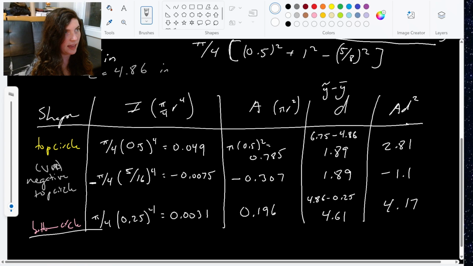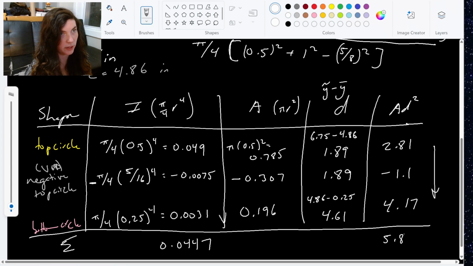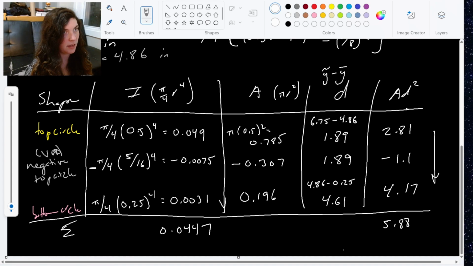So now I just add everybody up. Take a summation here. So I sum down my moment of inertia column, 0.0447. Sum down my AD column, 5.88. And that gives me a total moment of inertia, when I add these two together, of 5.927 inches to the fourth.